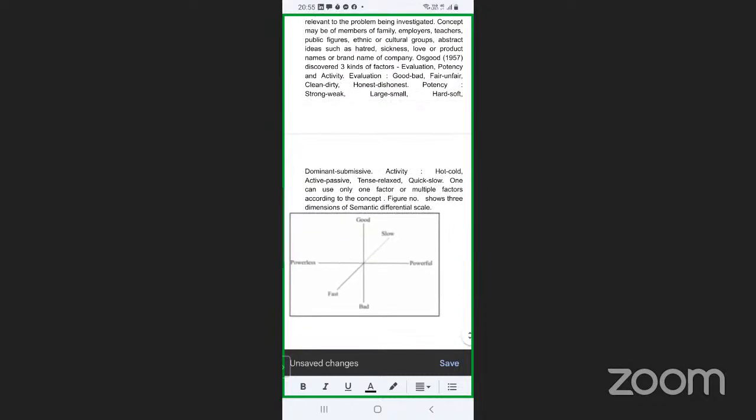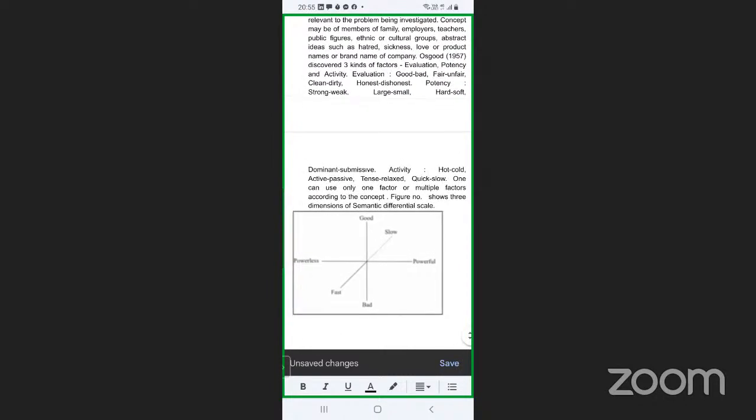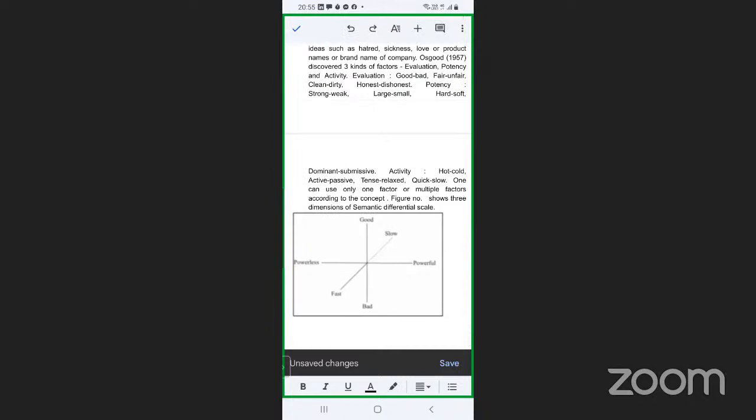The figure shows three dimensions of the semantic differential scale: good, bad, powerful, powerless, fast, slow. So good, bad is the evaluation factor, powerful, powerless is the potency factor, and fast and slow is the activity factor.